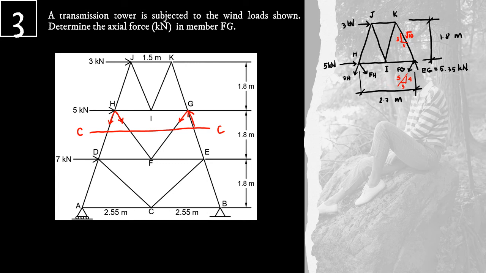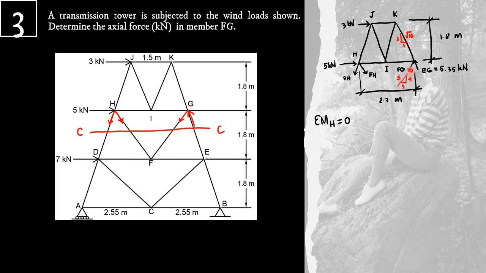Let's have summation moment at point H is equal to 0. The 5 kilonewton force, force DH, and FH have no moment about point H.